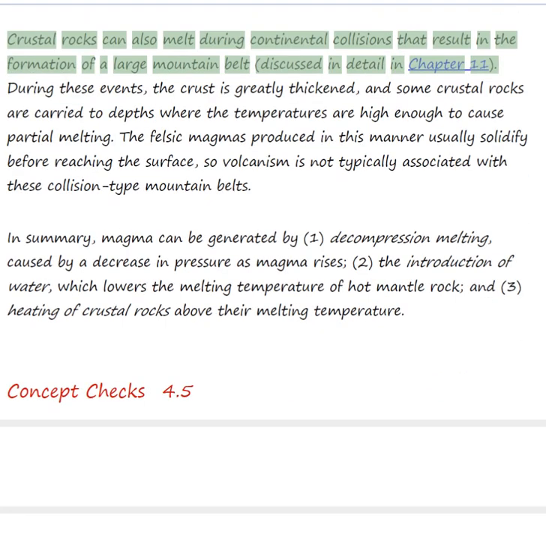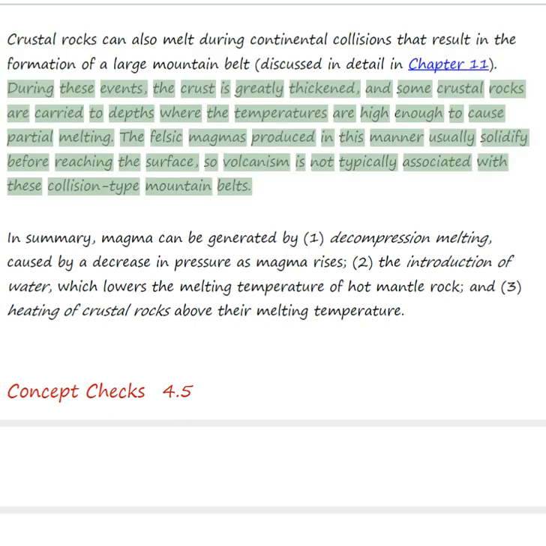Crustal rocks can also melt during continental collisions that result in the formation of a large mountain belt. During these events, the crust is greatly thickened, and some crustal rocks are carried to depths where the temperatures are high enough to cause partial melting. The felsic magmas produced in this manner usually solidify before reaching the surface, so volcanism is not typically associated with these collision-type mountain belts.